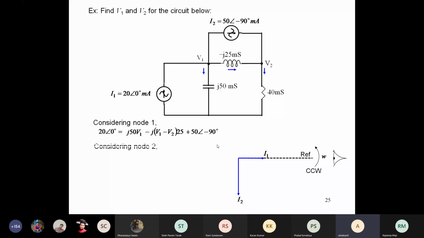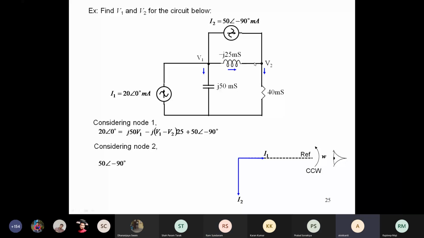Considering node 2, the equation is this. At node 2, the current going in is this I2, 50 angle minus 90 degree. And the currents going out are to the 40 millisiemens resistance. And through this inductor, the current is coming in. So how much is coming in?